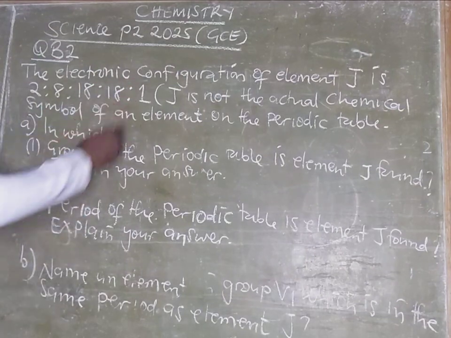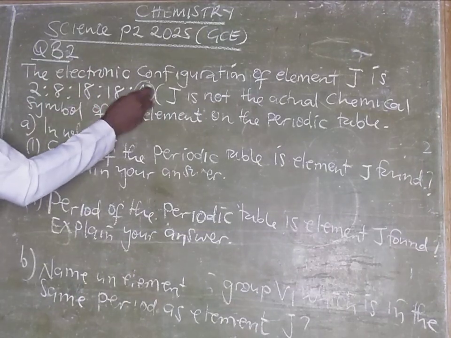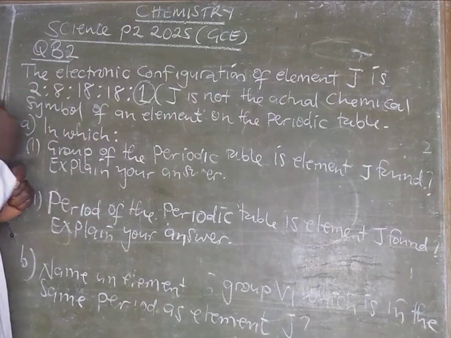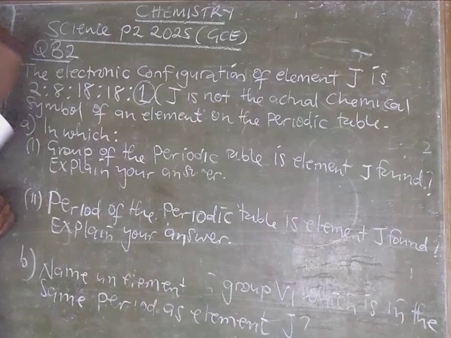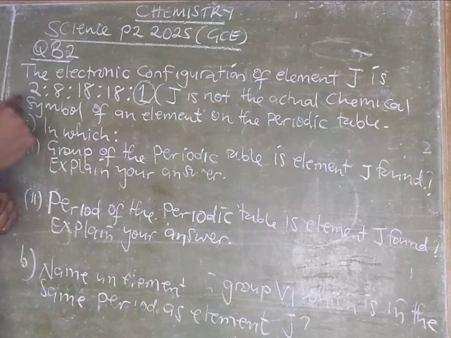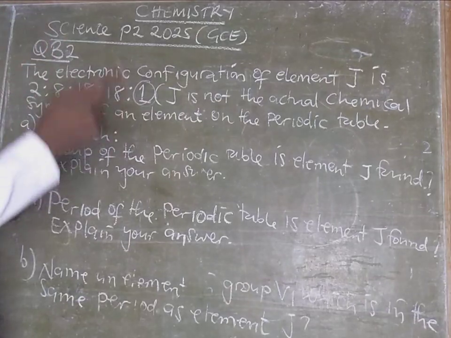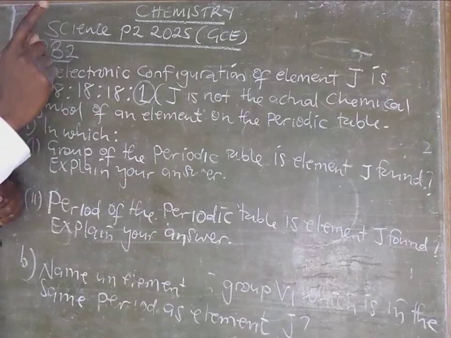The last shell has 1 electron. So what does it simply mean? It means this element J belongs to group 1. All those elements which have 1 valence electron in the outermost shell, that last shell, belong to group 1.